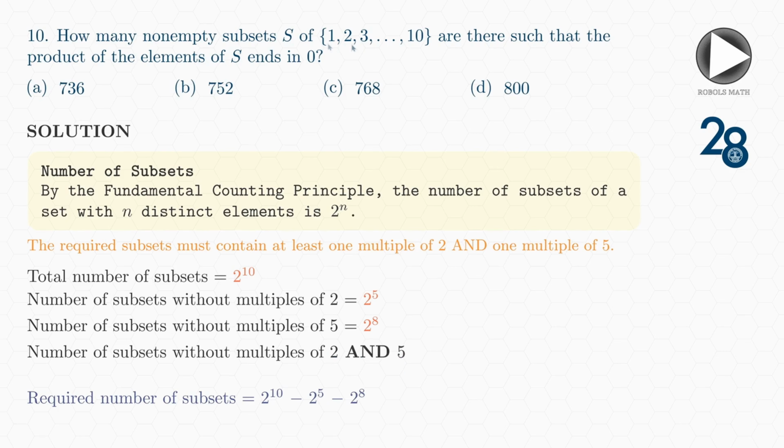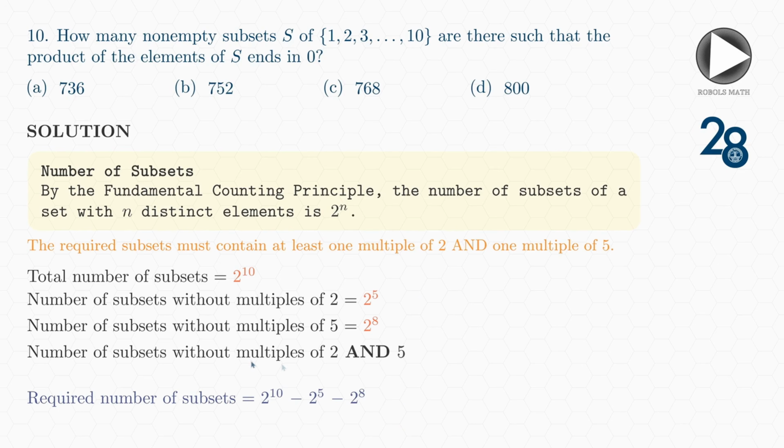Out of these 10 elements, 5 are multiples of 2 and 2 are multiples of 5. But we've already counted 10. So the only ones that are not divisible by 2 and 5 are 1, 3, 7, and 9. So there are only four.